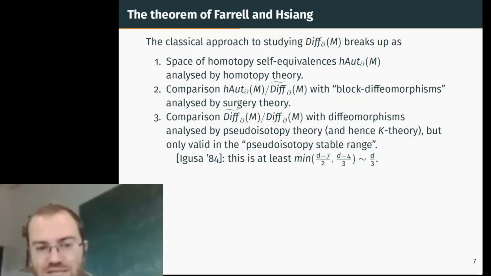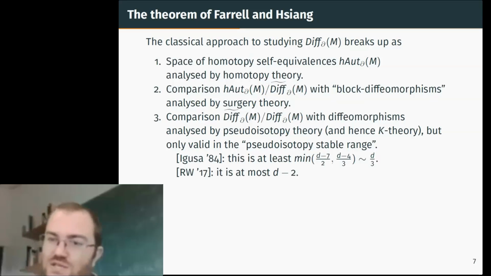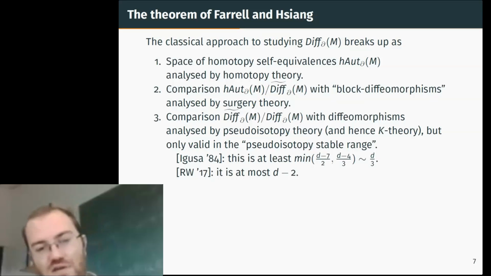And I showed a couple of years ago that whatever this pseudo-isotopy stable range is, it's at most d minus 2. So it's somewhere between d over 3 and d minus 2. Most people probably think it's d over 2. But even if you knew perfectly about that, outside of this range, the classical methods of algebraic K-theory and so on wouldn't even propose an answer.